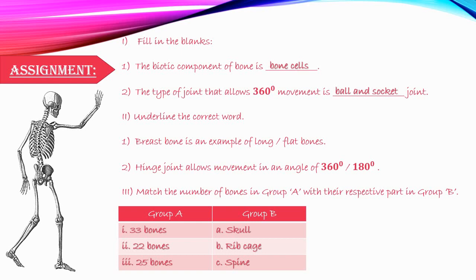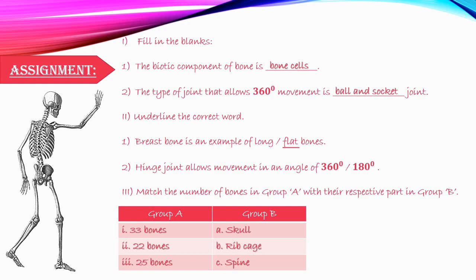So breastbone is an example of flat bones. Then the second question, hinge joint allows movement in an angle of 360 degree or 180 degree. Hinge joint allows movement in an angle of 180 degree.